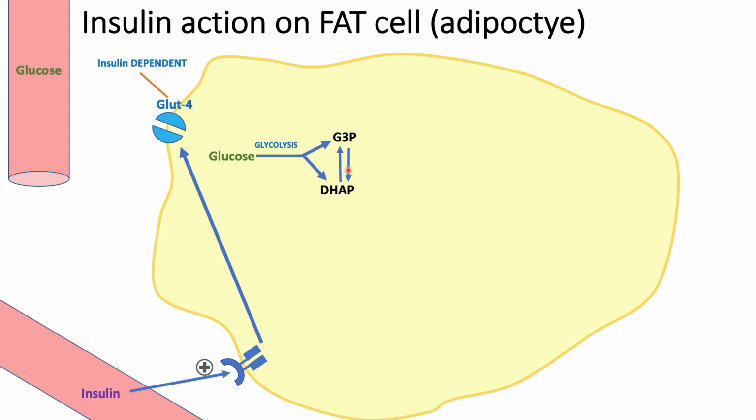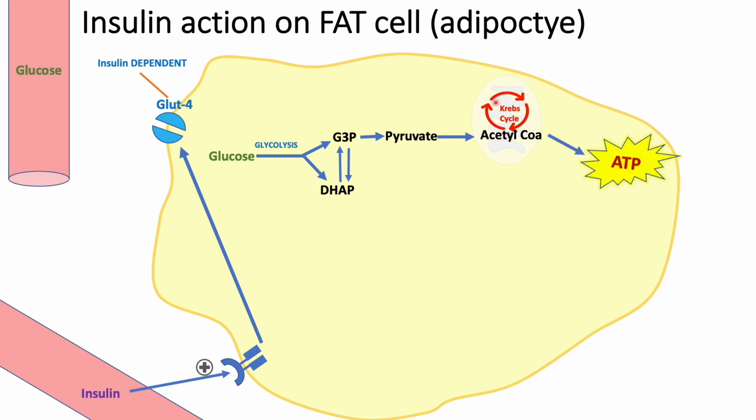And you can see here there are arrows going back and forth, so they can be converted into either or, vice versa. The G3P will continue on to form pyruvate, which will get converted into acetyl-CoA, which goes through the Krebs cycle. Again, it's occurring in the mitochondria, and we get energy in the form of ATP. On the side also, from acetyl-CoA, we'll also get fatty acids.